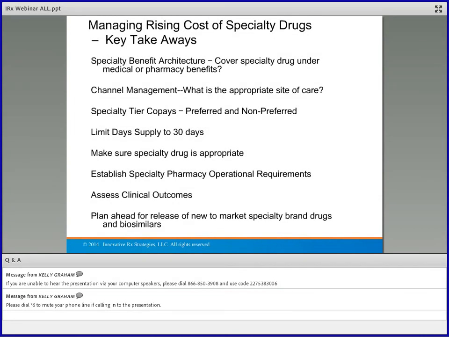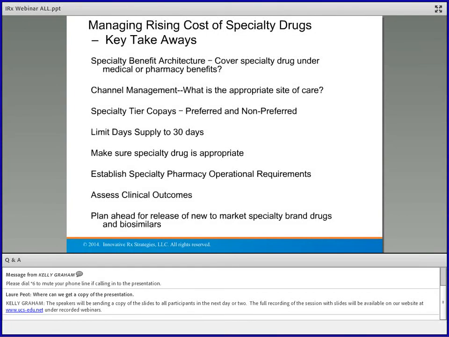But if you've got really low copays and you've got a $5, $10, or $5, $15, $25 copay structure for preferred and non-preferred brands, you're going to bear a lot more of the costs because of the way the cost share structures are set. We've talked to several grandfathered clients about this.